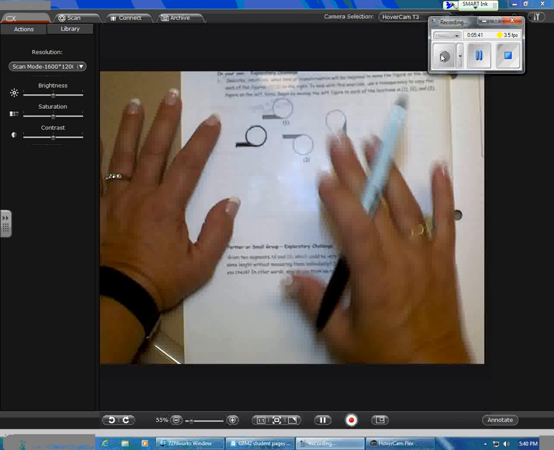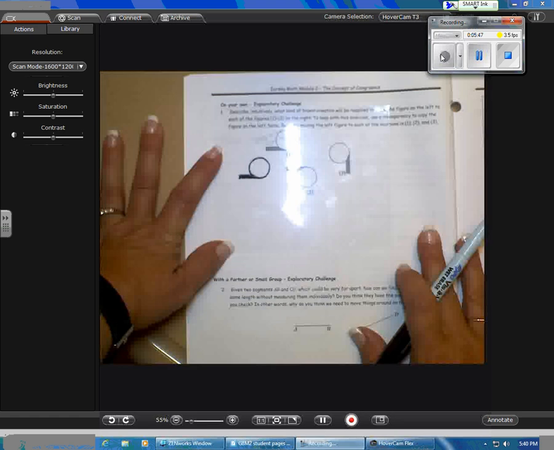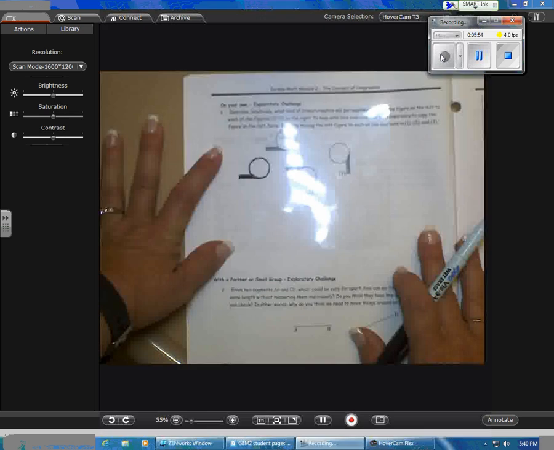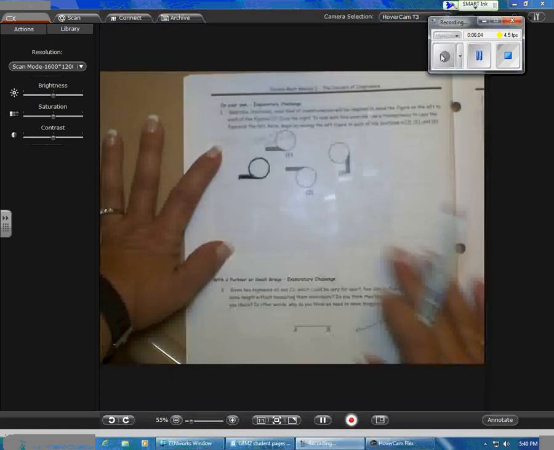Our directions tell us: describe intuitively what kind of transformation will be required to move the figure on the left to each of the figures 1 to 3 on the right. To help with this exercise, use a transparency to copy the figure on the left. Note, begin by moving the figure on the left to each of the locations 1, 2, and 3. So we're always going to go back to the original, the pre-image.